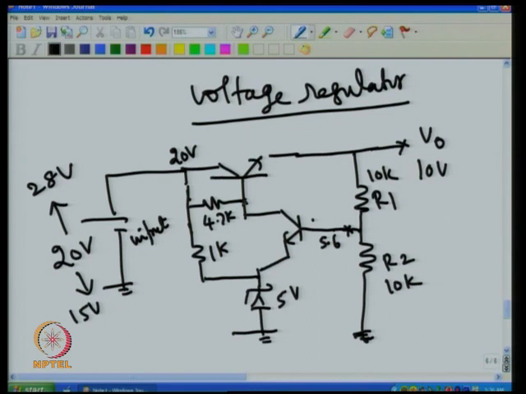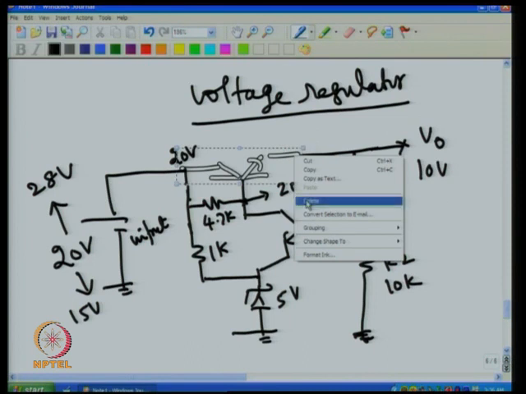So voltage at this point is nothing but 20, that is the supply voltage, minus the voltage across the 4.7k. Voltage across this depends on how much current is flowing. So if more current goes through this, there will be more voltage drop across this, and you will have less voltage here. But whatever voltage is here, that voltage appears here less by 0.6.